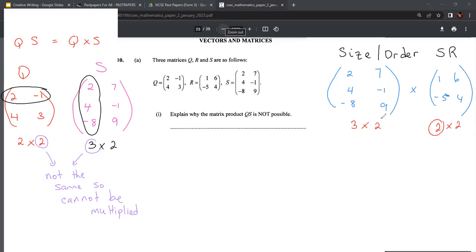The two inner elements are the same, so it's possible to multiply. Now what they want to know is the size of the matrix without solving it. Do you remember before when we did it? We did each row by each column.